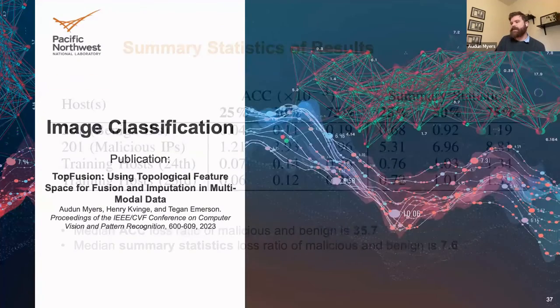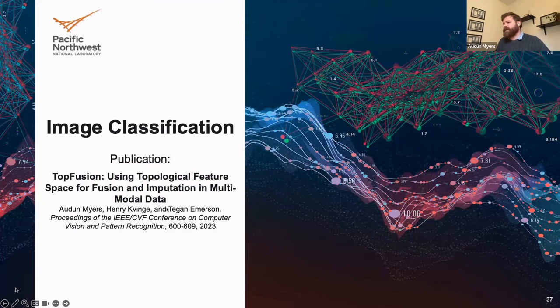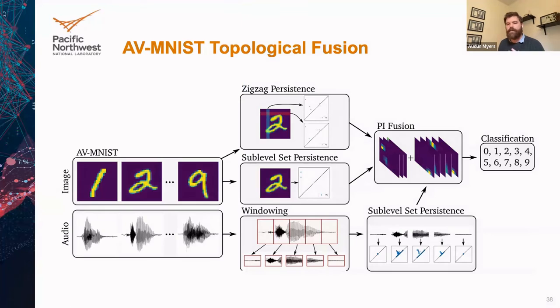Image classification. So this work was with Henrik Finge and Tegan Emerson, and it's called TopFusion. The main idea was to try to fuse multimodal data together. One of the data sets we used, for example, is AV-MNIST.